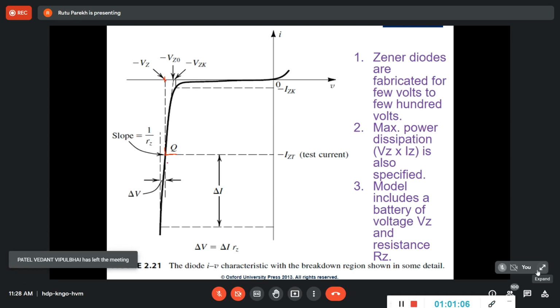Now you are at this current, and if you had a straight line, the voltage would fall somewhere here. So this little change is delta V equals RZ times delta I, and this current change is huge.